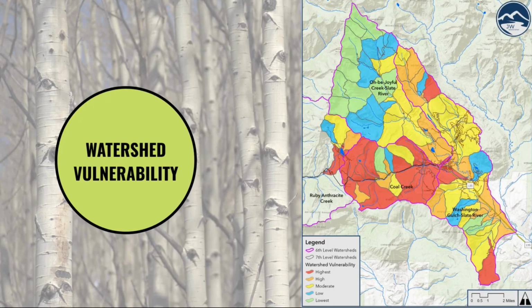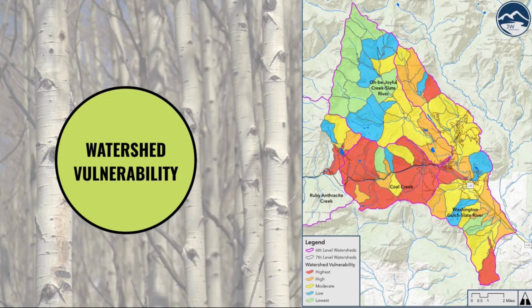We decided with Carolyn and a number of stakeholders that the more in-depth analysis for the project would focus on Coal Creek. We also have some mitigation recommendations up here in Washington Gulch. And then we'll have project recommendations across the whole project area, but the focus has become Coal Creek.